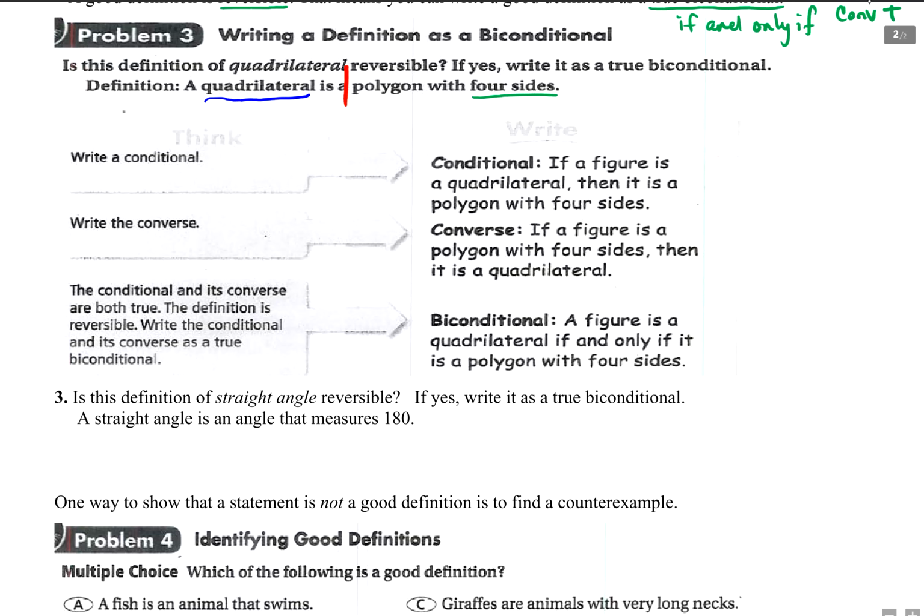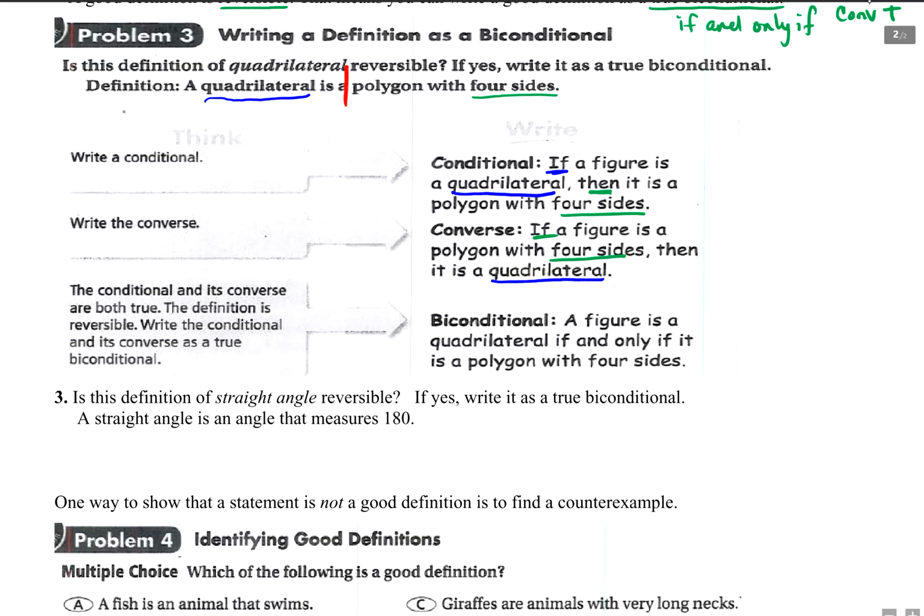So we're going to write our conditional. We take if a figure is a quadrilateral, then it is a polygon with four sides. We write our converse by switching those. If a figure is a polygon with four sides, notice we added figure to both of those, then the figure is a quadrilateral.